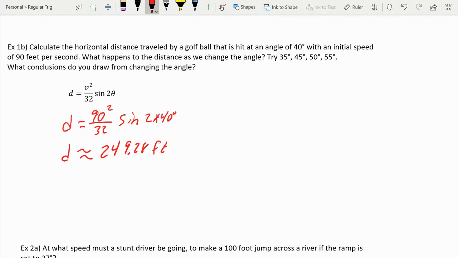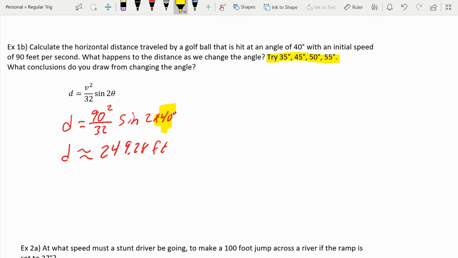Now, what would happen to the distance as we change the angle? What if you tried those different angles? On your calculator, you're just going to change that number every single time. I'm going to let you do that.